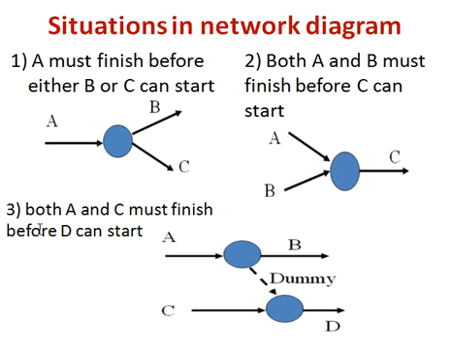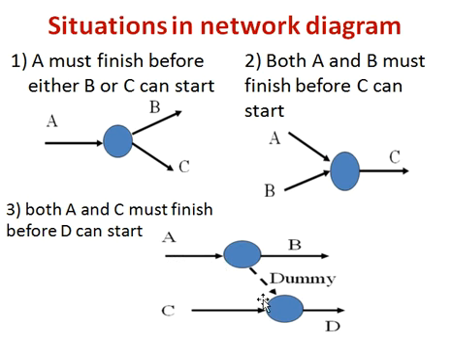Another situation you can see here is that activity D can be started only after completion of A and C. And one more condition is that B also needs to be started after finishing activity A. So a dummy activity is indicated here, because activity D can only be started after completion of A and C, and activity A is not directly linked here.